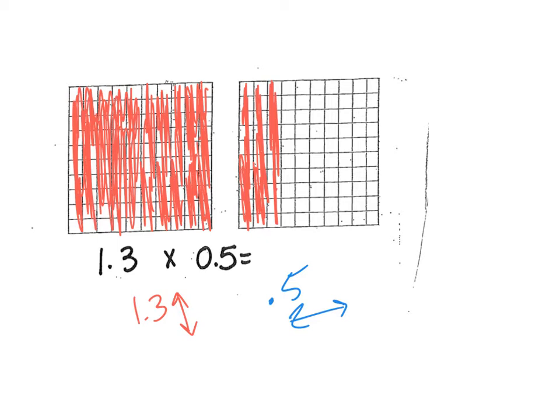If I'm timesing it by 5/10 in this model, when I start shading my 5/10, I have to shade 5/10 all the way across. I can't just stop it at the end of the first whole. I have to shade it all the way across. So it's going to look weird, but basically I'm creating some overlap in 2 places. And we're going to really see it at the end come together.